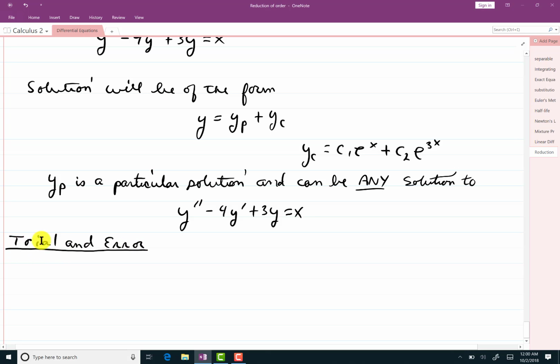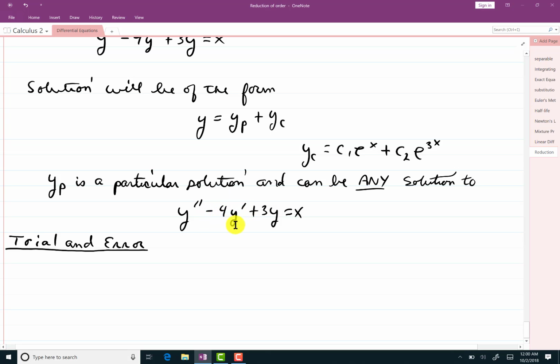When you think about this, all I need to do is come up with x somehow. If y sub p was equal to x, look what would happen to it. If y sub p equaled x, y double prime would be 0. But sorry, y prime would equal 1, so the negative 4y prime would be negative 4.